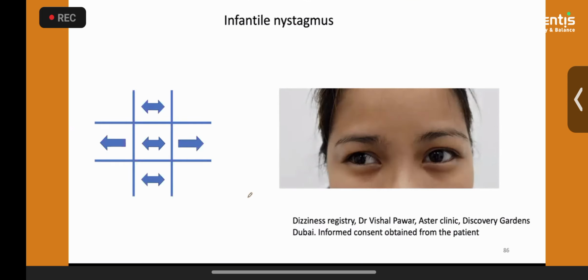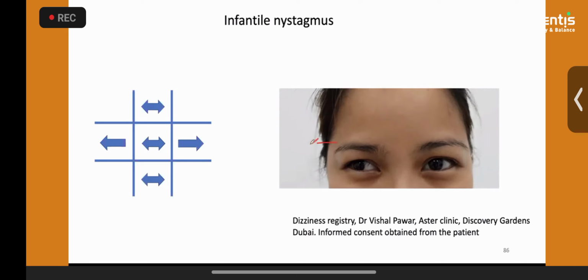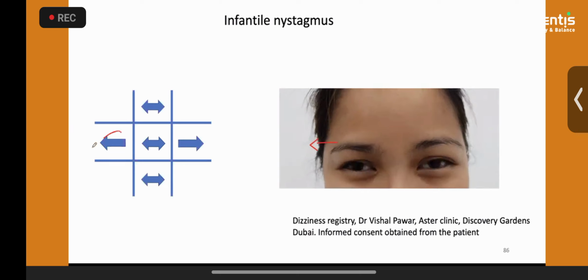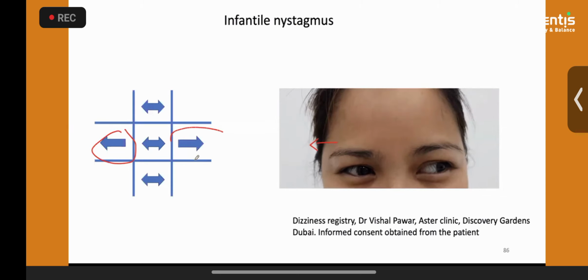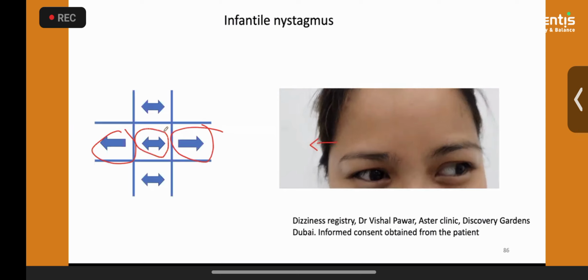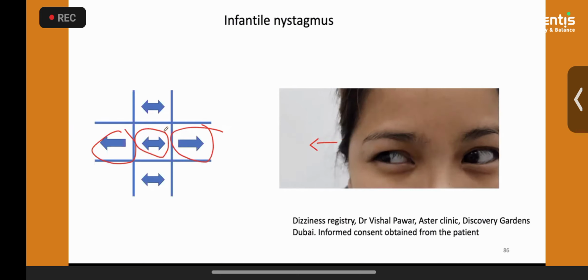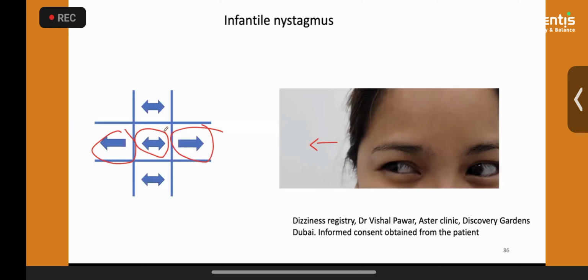Now look at this patient. When the patient is looking towards the right side, there is a right beating nystagmus. Patient looking to the left, there is a left beating nystagmus. Patient looking in the center, there is a pendular variety of nystagmus in the center.